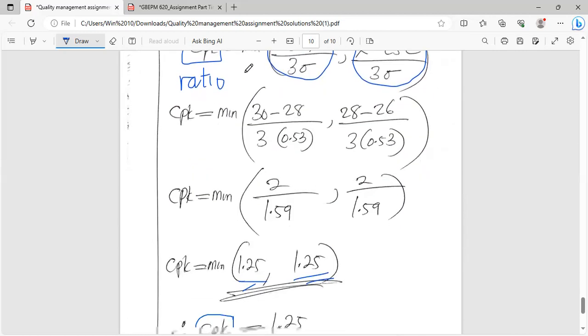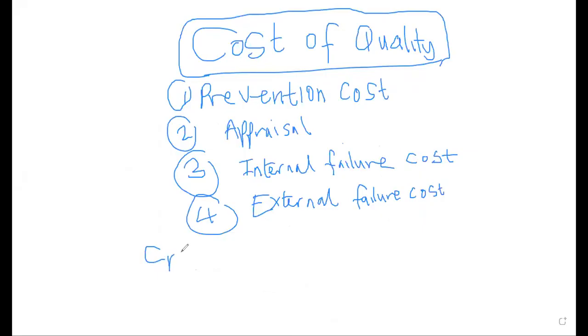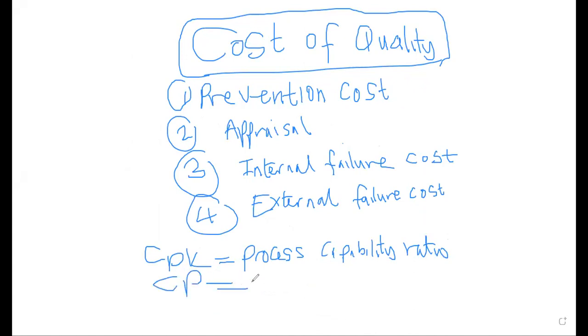So we are simply saying our Cpk is equal to process capability ratio. Then Cp is process capability index.